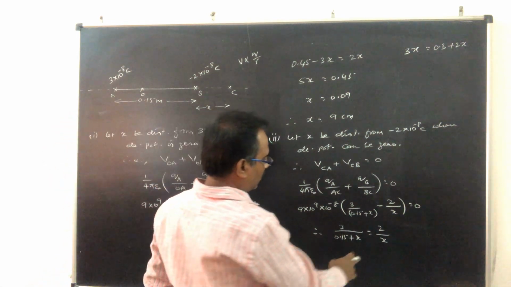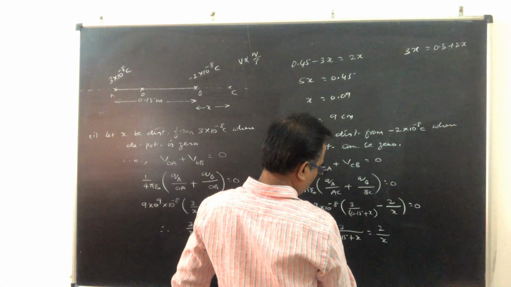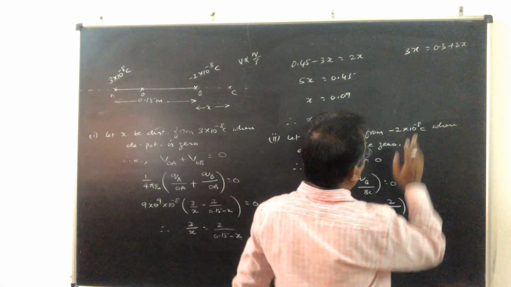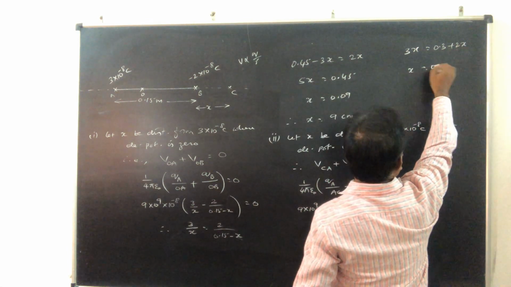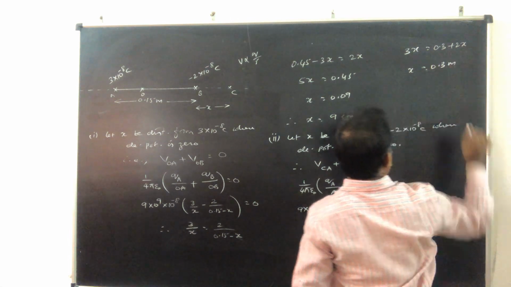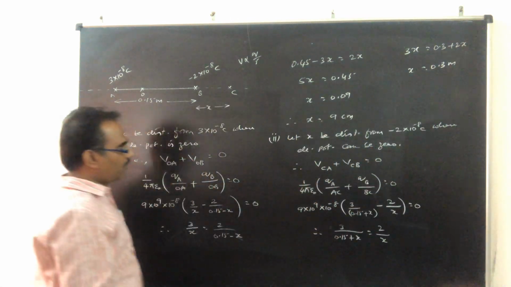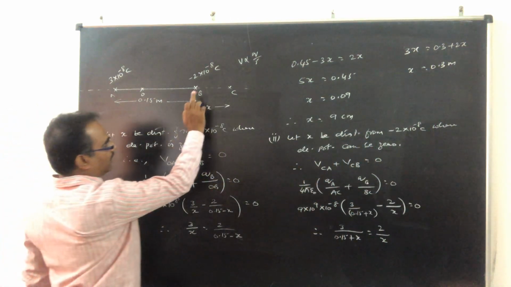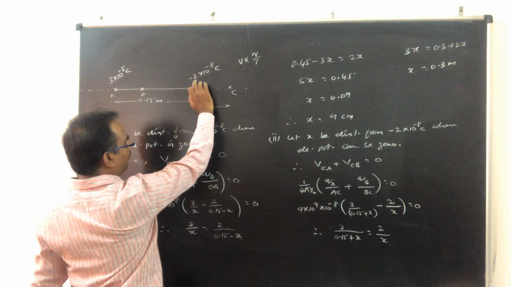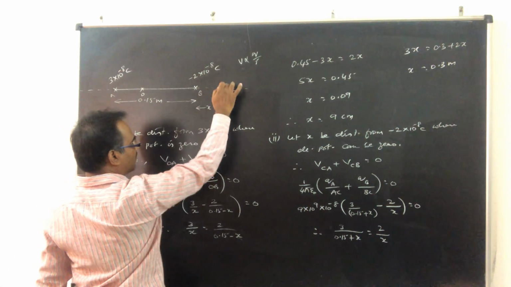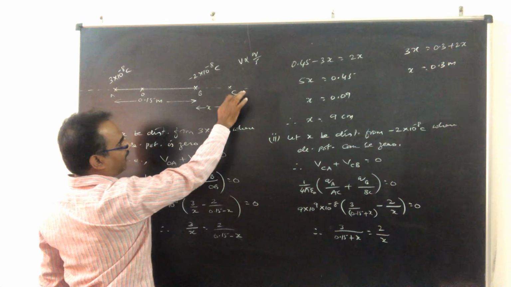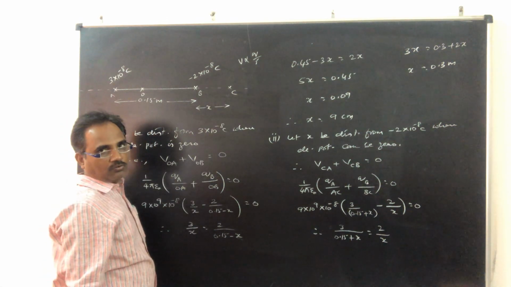So here 3x is equal to 0.3 plus 2x. So therefore x is equal to 0.3 meter. That means at 0.3 meter from the minus 2 into 10 to the power of minus 8 coulomb charge, the electric potential can become 0.